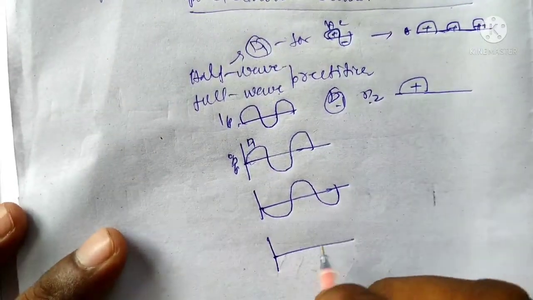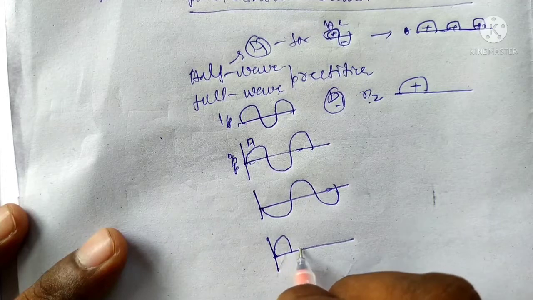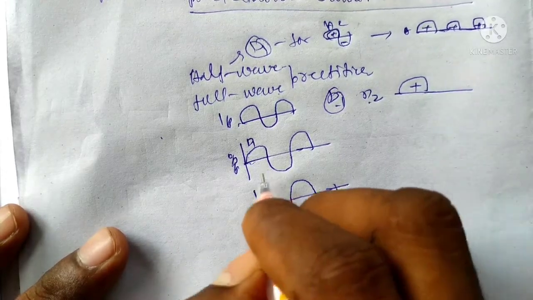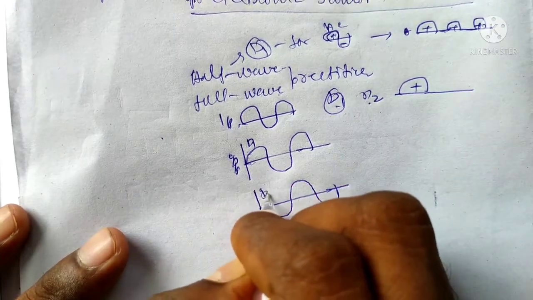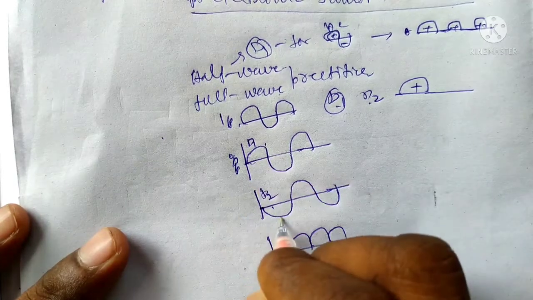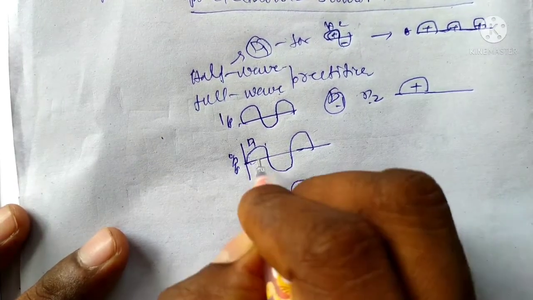The resultant output voltage is like this. See here, this part is due to D1 and this part is due to D2. D1 is in forward bias while D2 is in reverse bias, for the positive cycle and the negative cycle.